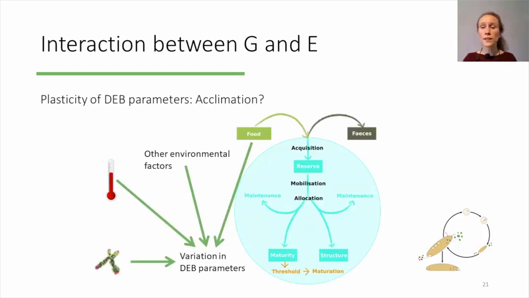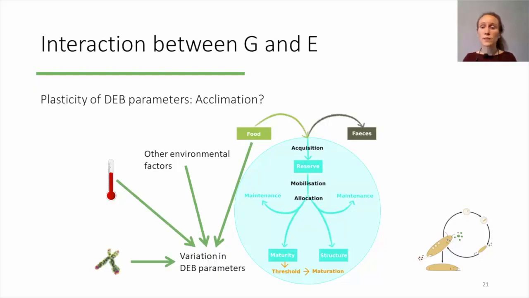However, we could also think about how plasticity could occur at lower-level traits. So it's not plasticity in terms of morphology or life history traits or behavior in response to environment, but it would be plasticity of the DEB parameters themselves, and that we have little information about.